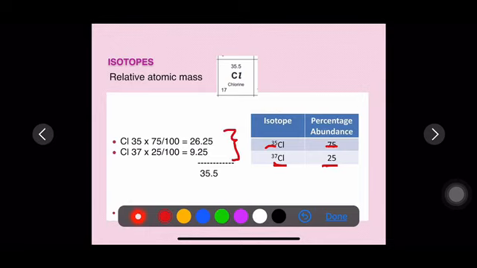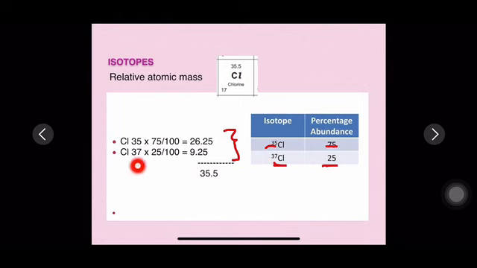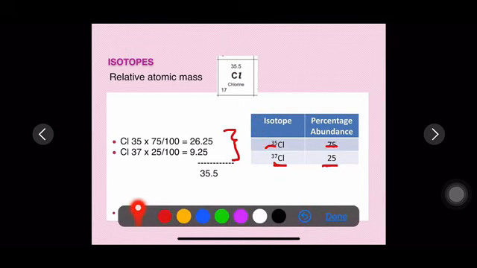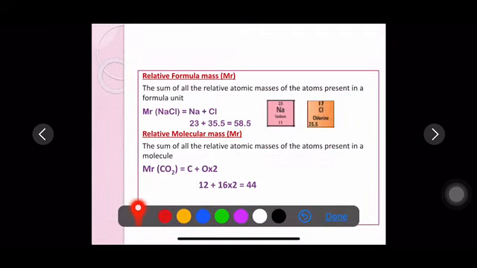So here you can see 35 times 75 by 100 is 26.25, and 37 we multiply by 25 by 100, and here's the answer. Later we add these values to get the relative atomic mass of chlorine as mentioned in the periodic table.